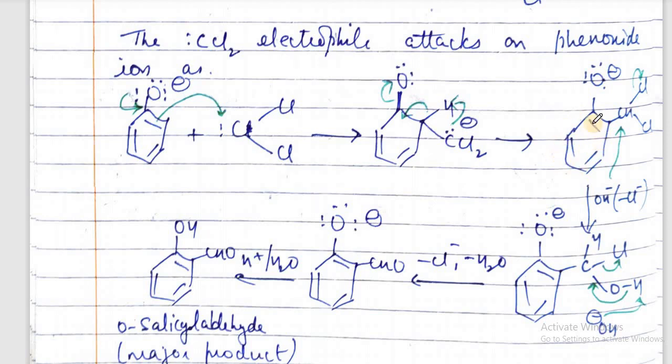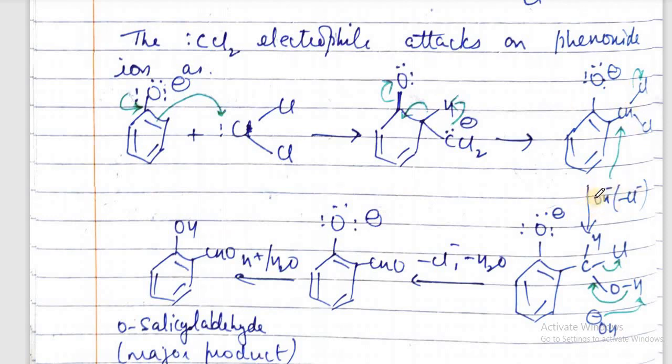Now these electrons move to this, so it has a negative charge, O negative, and this hydrogen gets attached to this carbon through these lone pairs, so it has CHCl2. When this gets attached to this carbon it becomes neutral, now it is CHCl2.